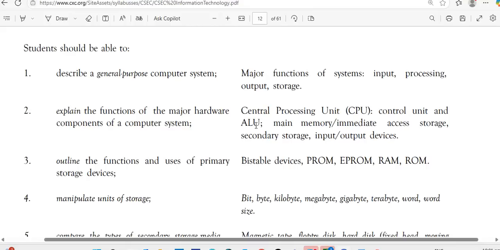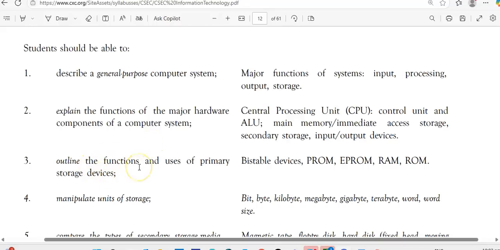The CPU stores data in the main memory and secondary storage, receives data from input devices, and sends data to output devices. All right, so I hope you guys got that.